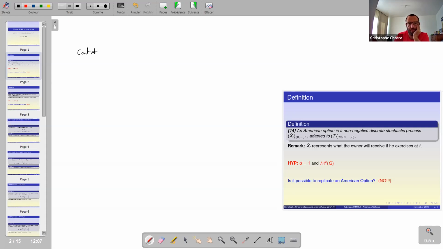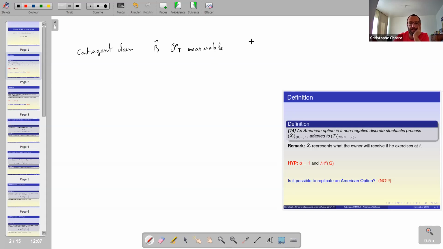I keep the framework of the first session. So a contingent claim was just a random variable that was F capital T measurable.